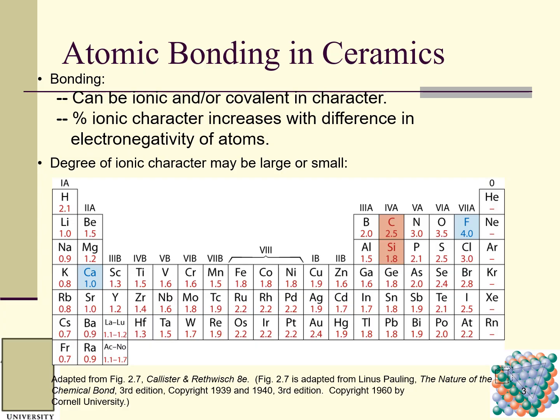And so this is what the difference in the electronegativity of atoms means. For Fr and F, they have a very huge electronegativity difference. So that means the bonding in this compound, if it exists, will have a higher percentage of ionic character.